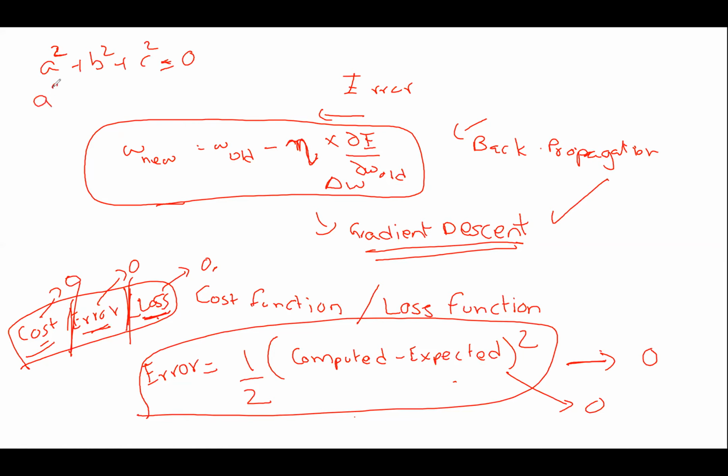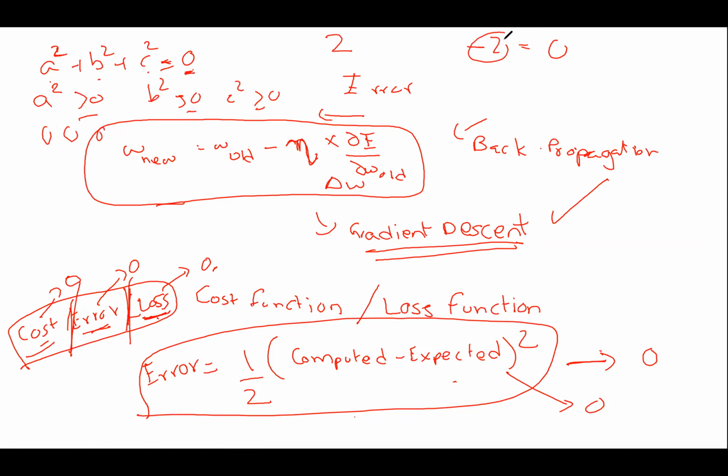So a square is always positive, b square is always positive, c square is always positive or equal to 0. If 3 positive numbers add and the result is 0, there's nothing to negate the positivity from something else, right? So all 3 have to be 0. It can't be anything else, because otherwise you'd need some negative number somewhere to make it 0.